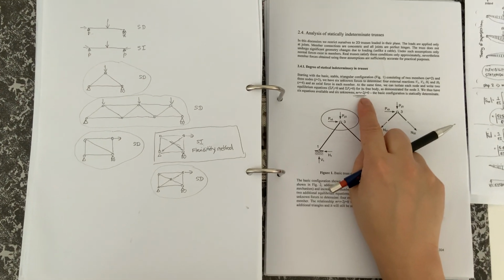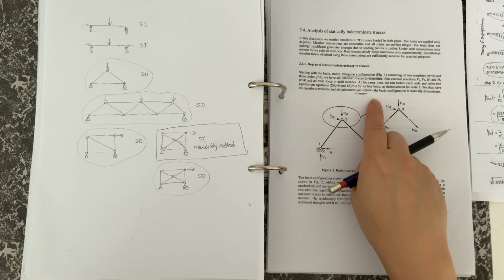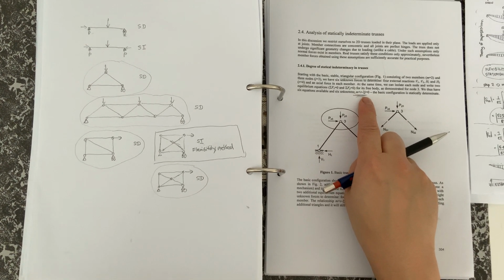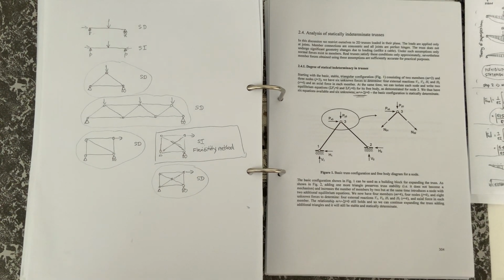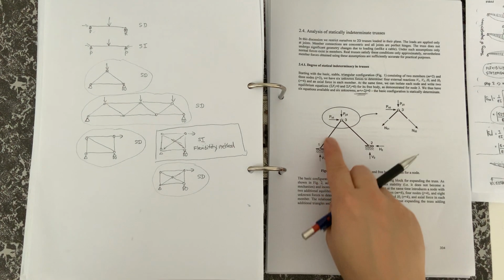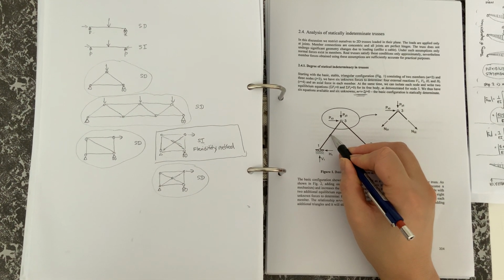I actually don't like using the formula. I just like looking at the structure and working it out for myself in my head, because sometimes you get structures which trick the formula by having too many releases in one member, for example, another release here.